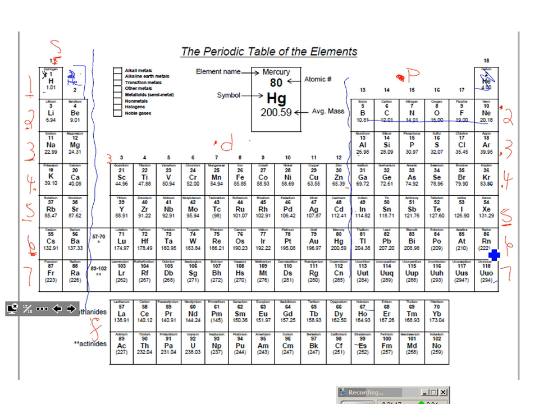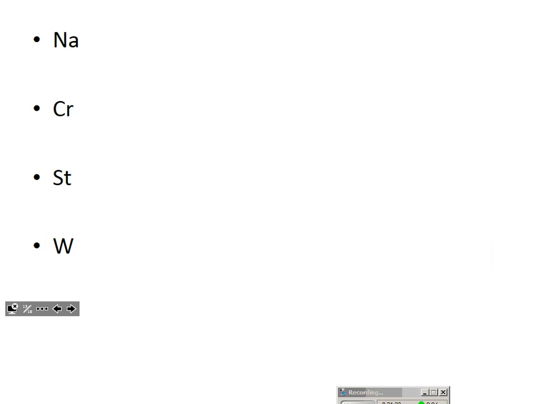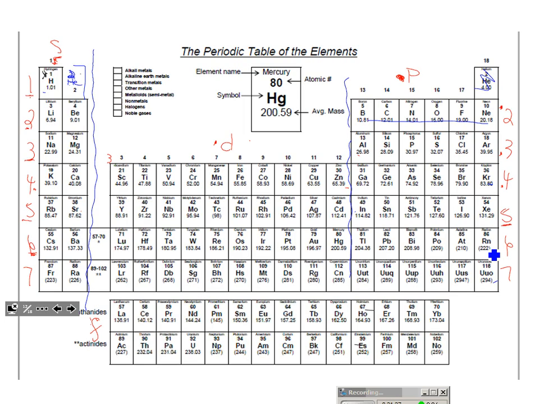I don't remember actually what else is there. Let's see. Chromium is next. So chromium, right here, element number 24, in its neutral state, it has 24 electrons. So if we're writing the electron configuration, start with electron number 1, stop when you get to electron number 24.